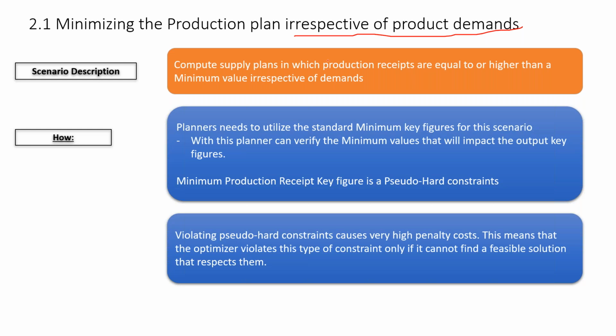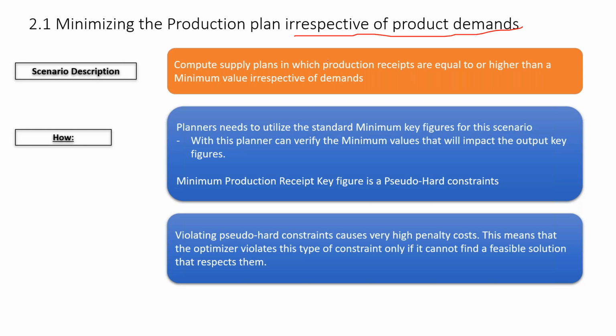Let's say that available capacity can have a complex key figure calculation, a summation of x plus y minus z into k plus t, and so on. But at the end of the calculation, the result of the available capacity has to be loaded into the standard key figure called capacity supply.